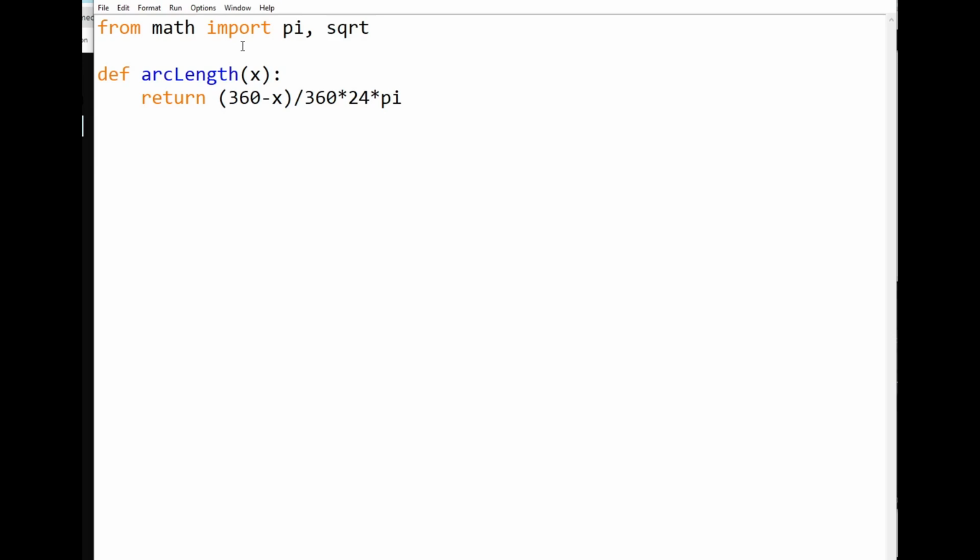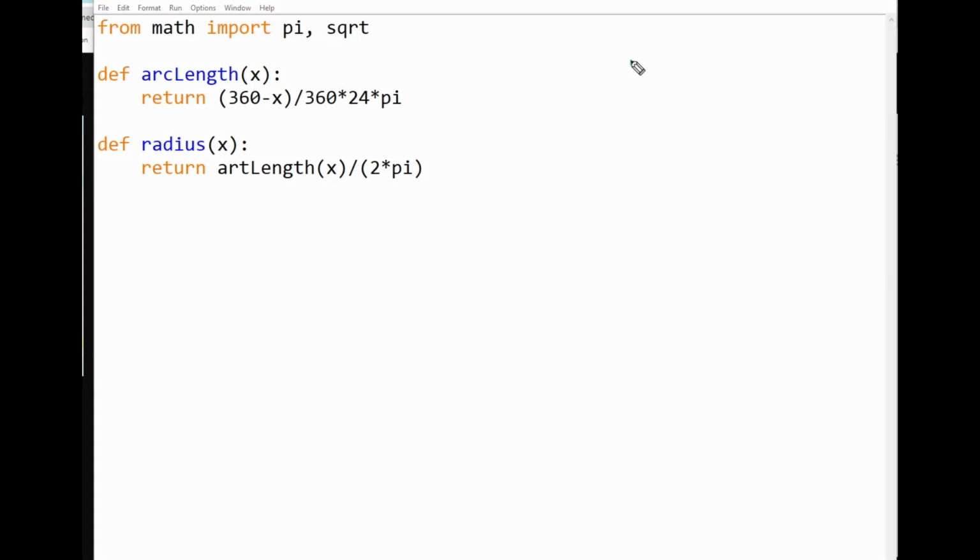That's going to be the circumference of the circle, and we said the radius of the cone was going to be the arc length divided by 2 pi. Then the height of the cone was going to be based on the radius.